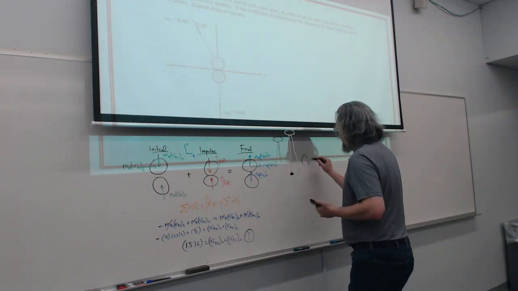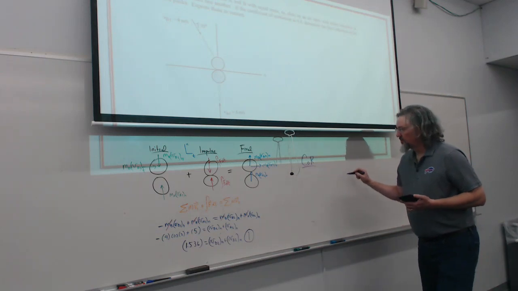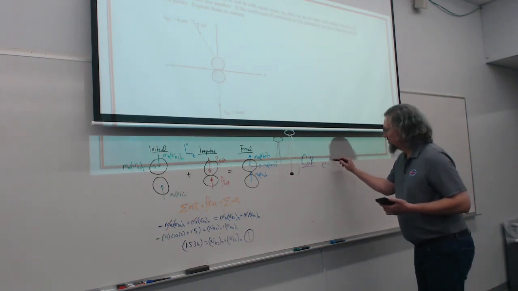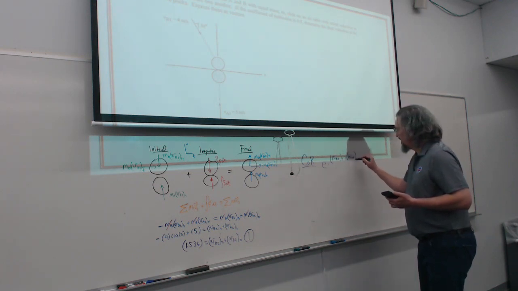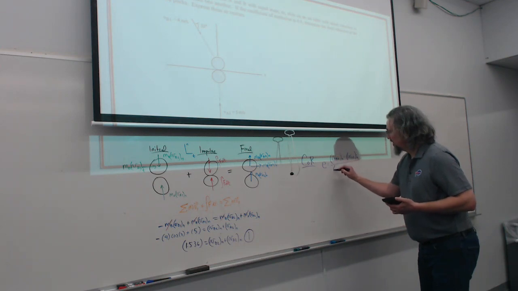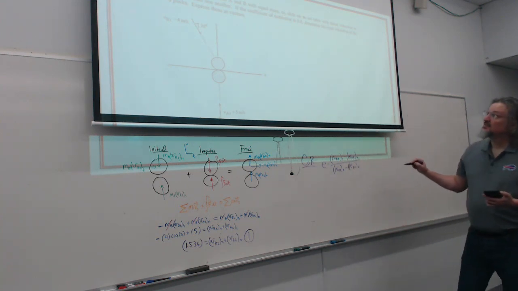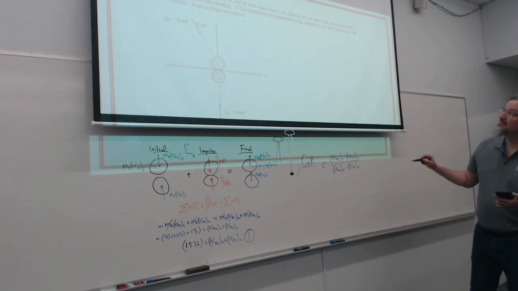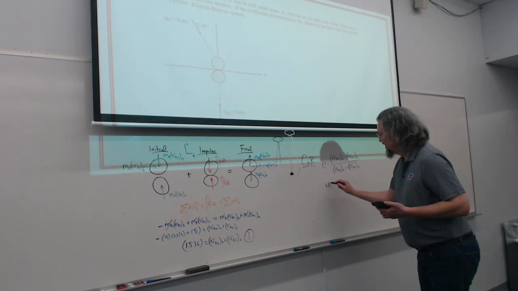Now we're set up for our coefficient of restitution, where we would say E is going to be equal to VB2 n minus VA2 n divided by VA1 n minus VB1 n. And E is 0.8.